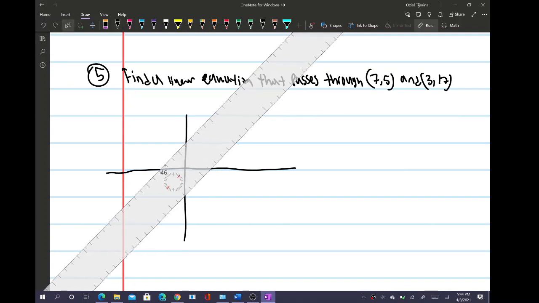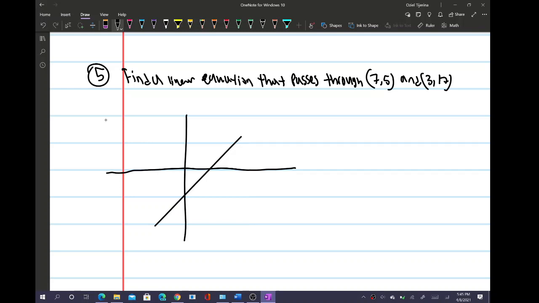Any line, it doesn't matter, like this, and let's say this is our b value, so 0, b, and this is x, 0.